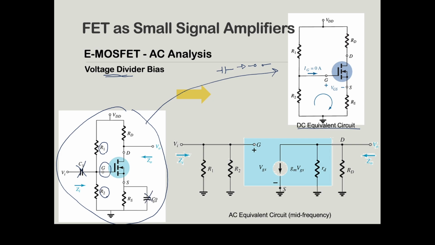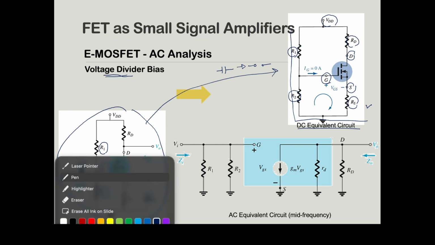The circuit will be left with R1, R2, VDD, RD, the drain terminal, the source terminal, RS, and the gate terminal. So this is going to be your DC equivalent circuit.